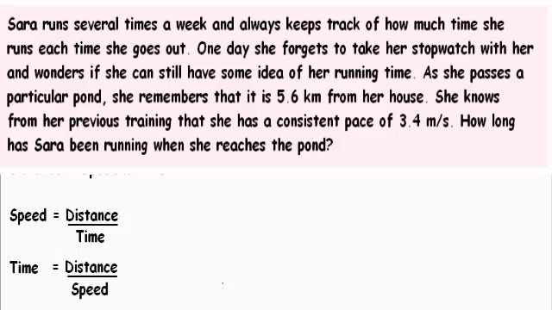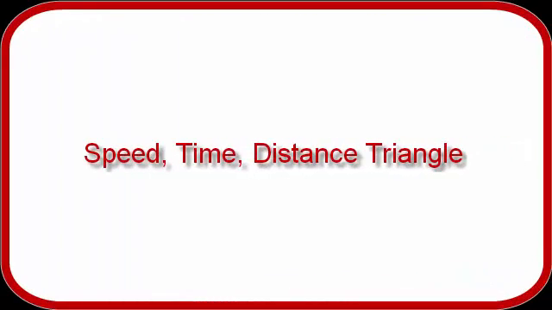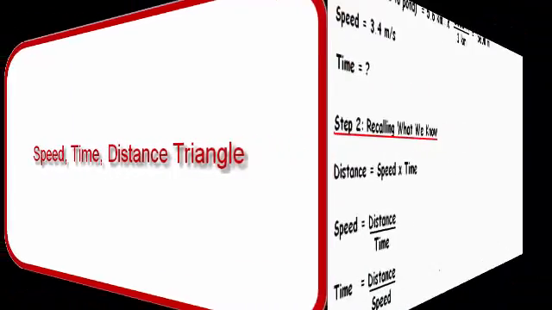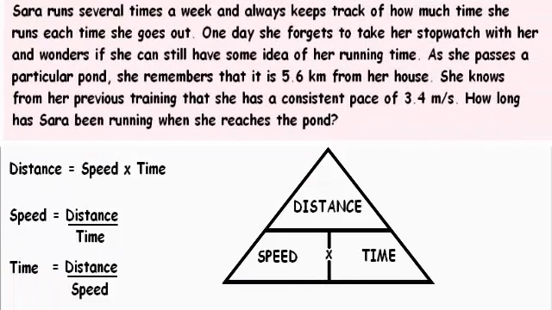If you're like me and you're not very good at memorizing these types of formulas, an easy way to remember this is the old speed, time, and distance triangle. The triangle is a very simple and yet effective way of remembering the relationship between distance, speed, and time.